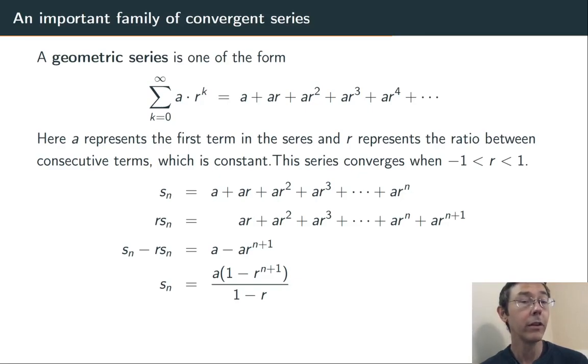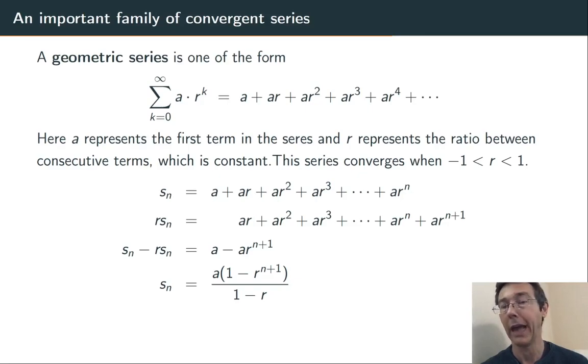Of course, we're interested in the limit as n goes to infinity of that sequence of partial sums. Now, as n goes to infinity, r to the n plus 1 will go to infinity if r is bigger than 1. And it'll keep alternating back and forth, getting bigger and bigger when r is less than -1. So r to the n plus 1 only goes towards 0 if r is between -1 and 1.